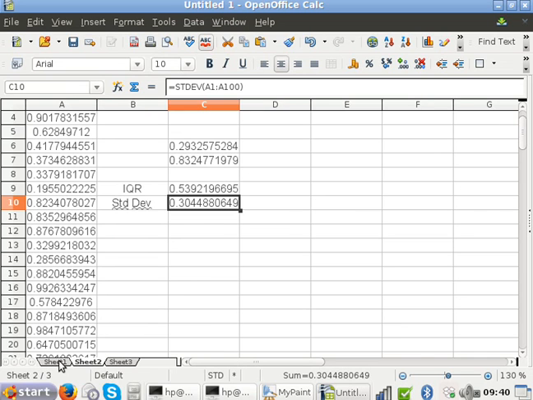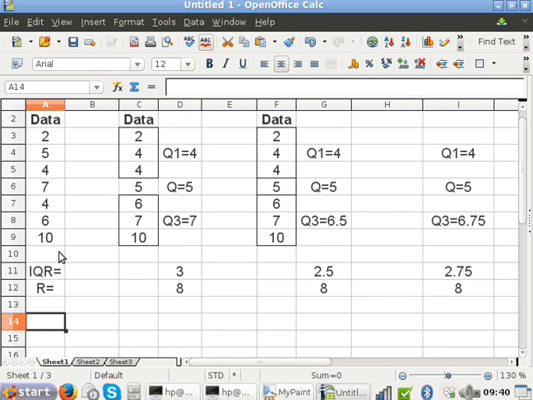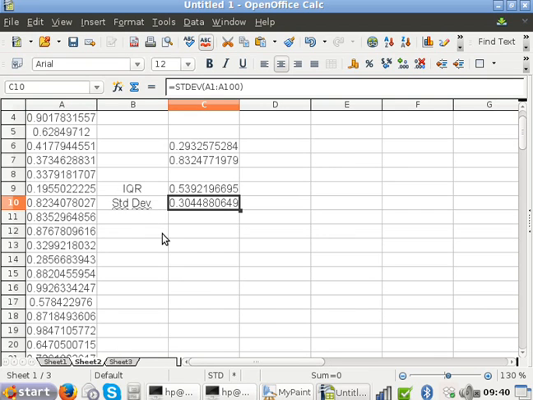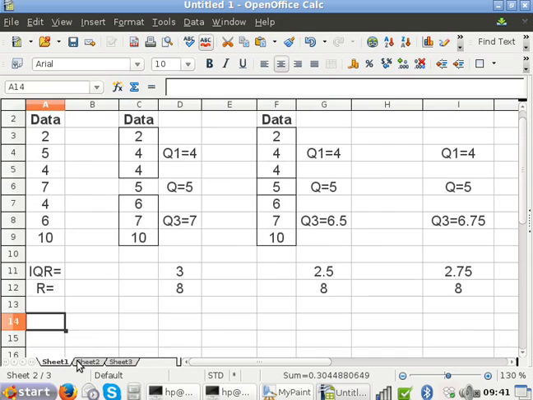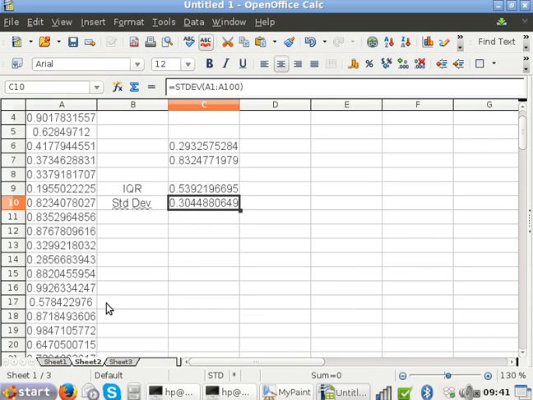Now, you can't quite see it here because my data set is so small, but normally the relationship between the two of these is that the interquartile range is roughly twice the standard deviation. Now it's not exactly twice, and in fact you can see here it's not exactly twice, because if it was twice this should be 0.6, not 0.54. But my point is still this: when you have a large data set, and this is not large, there's only 7 in it, the interquartile range should be roughly twice the standard deviation.